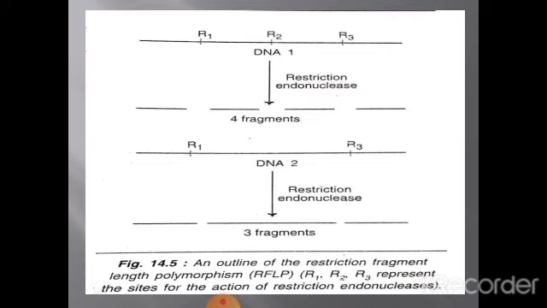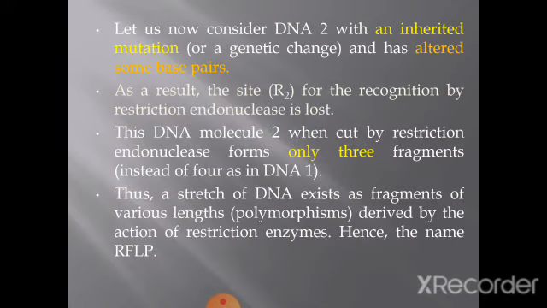Thus, a stretch of DNA exists as fragments of various lengths. That's what I meant by polymorphism, derived by the action of restriction enzymes. Hence the name RFLP. The same thing I have explained here. DNA 2 with an inherent mutation has altered base pairs, and as a result R2 is missing.